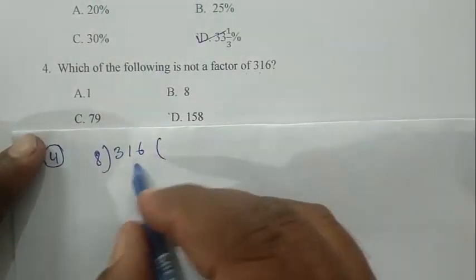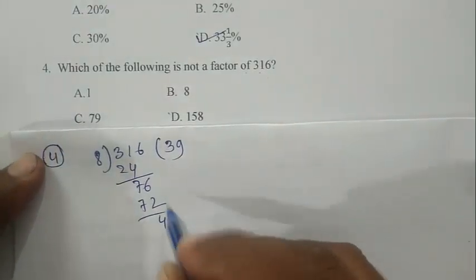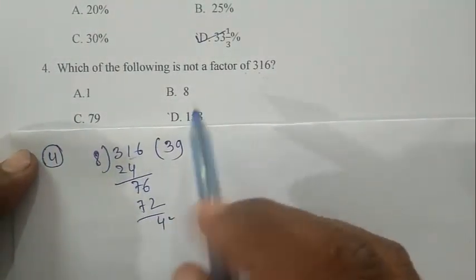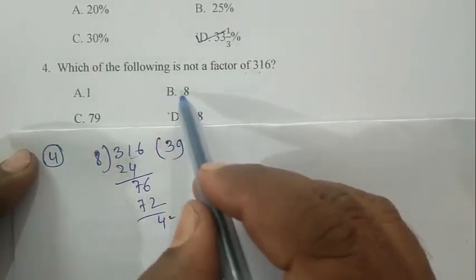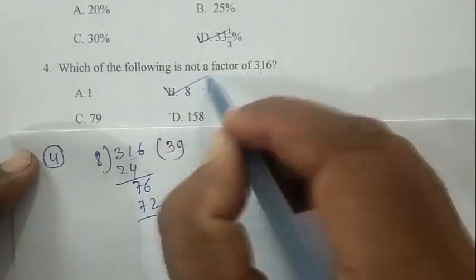So 316 divided by 8, we get 4 as remainder. It is not completely divisible by 8. So 8 is not a factor of 316. So B is the correct answer.